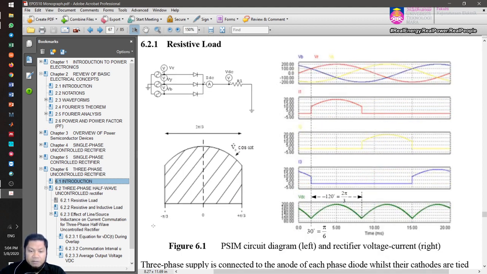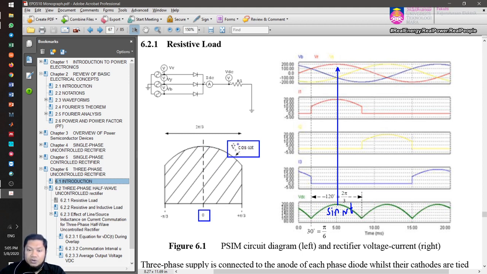So you integrate from minus pi over 3 to pi over 3. Before the shift, this is a sine waveform because it follows the yellow waveform here, so it is sine omega t. But now as we shift it so that we have 0 degree at the peak, the equation is no longer sine.